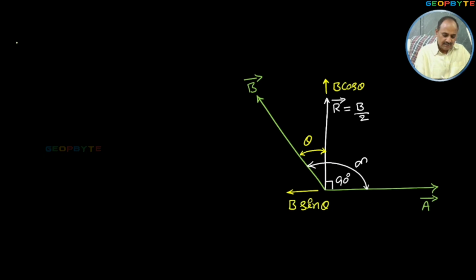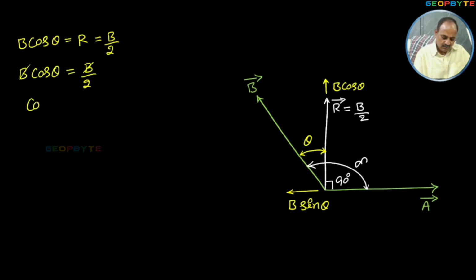It is clearly given that this B cos theta is equal to R, that is equal to B by 2. So from this I can write that B cos theta equals B by 2, B cancelling. Cos theta equals 1 by 2, then theta equals cos inverse 1 by 2.